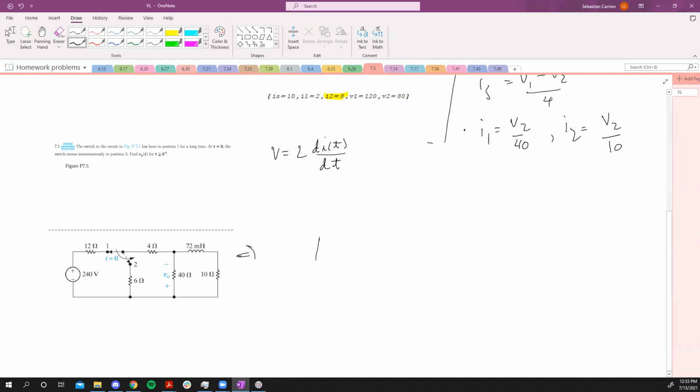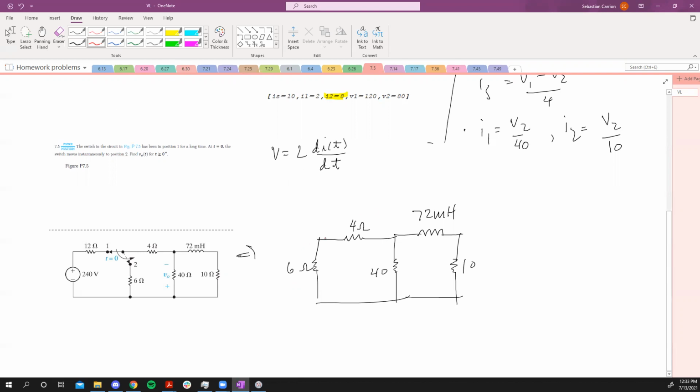It looks like this: 6 ohms, 4 ohms, 40 ohms, 10 ohms, and then 72 millihenry, right?